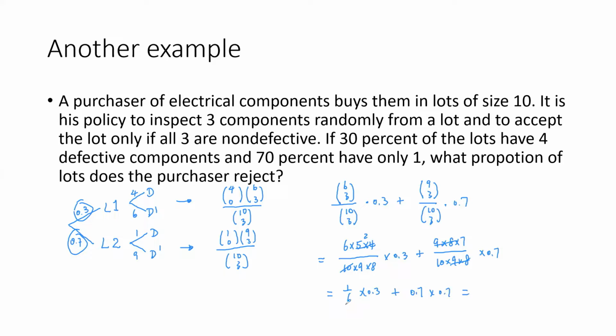So we have this is 0.1 over 2, 0.05, plus 0.49, you get 0.54. This is the probability of accepting the purchase. Okay, so the answer for the problem is 1 minus 0.54, 0.46. So that's the answer. All right, so that's this problem.